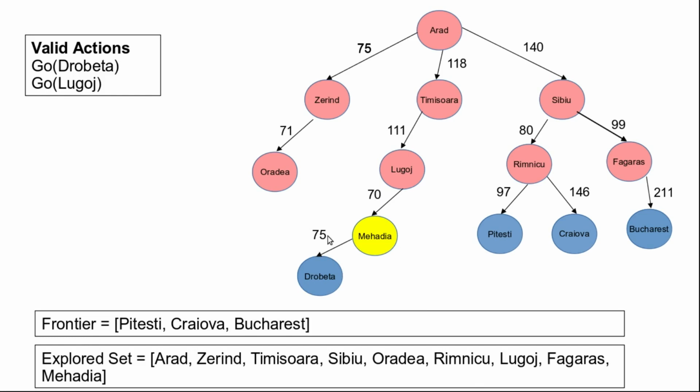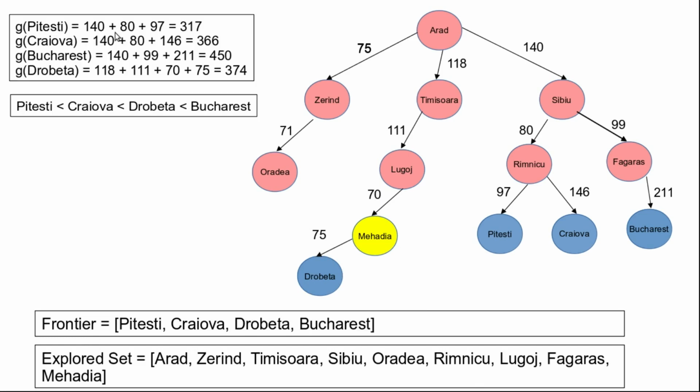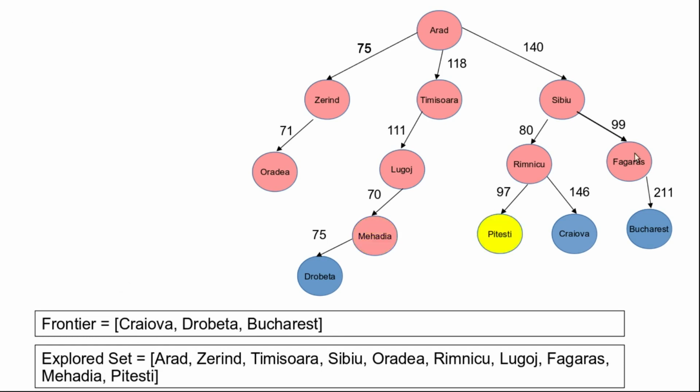Now if we calculate the G values, the G value for Drobeta is 374, and hence this is the order in which the nodes will appear in the frontier list, which means the next node that will be selected for expansion is Pitești.